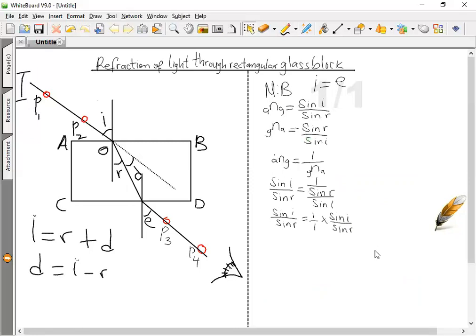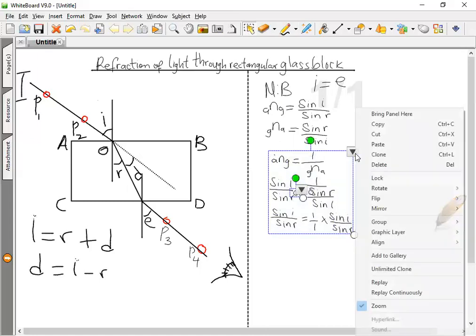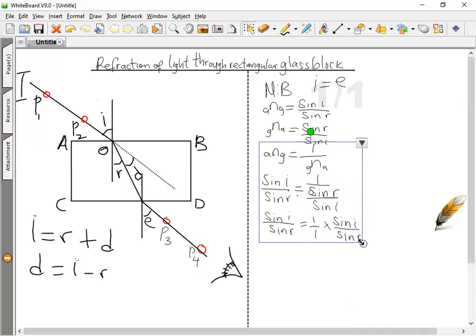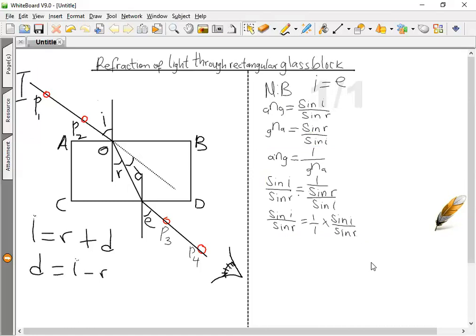So from here, we can easily say that we have sine i over sine r to be equal to what? Sine e over sine r.